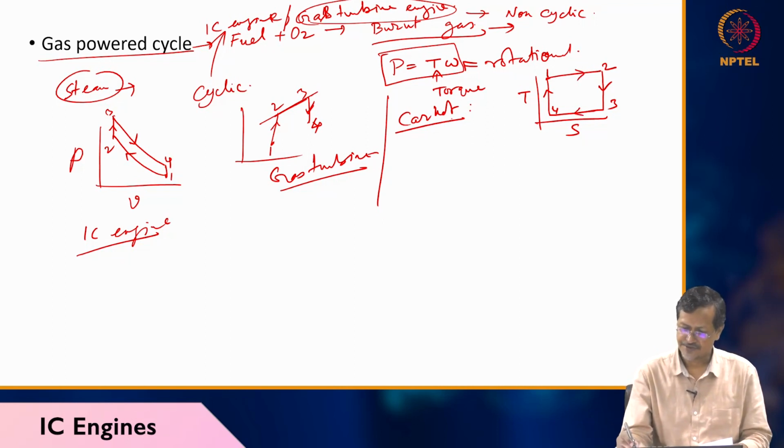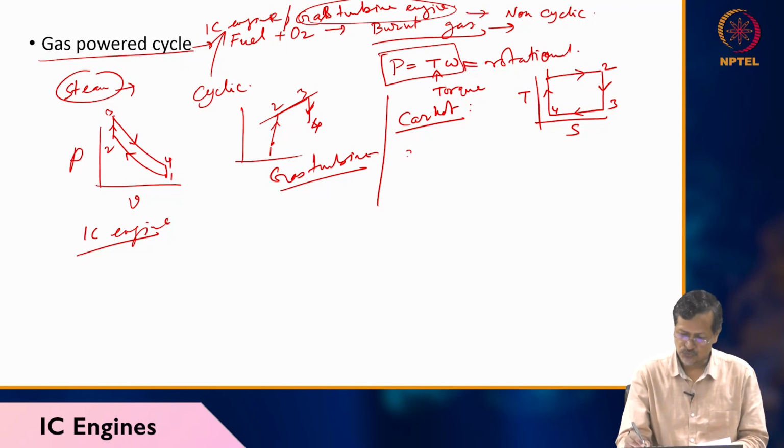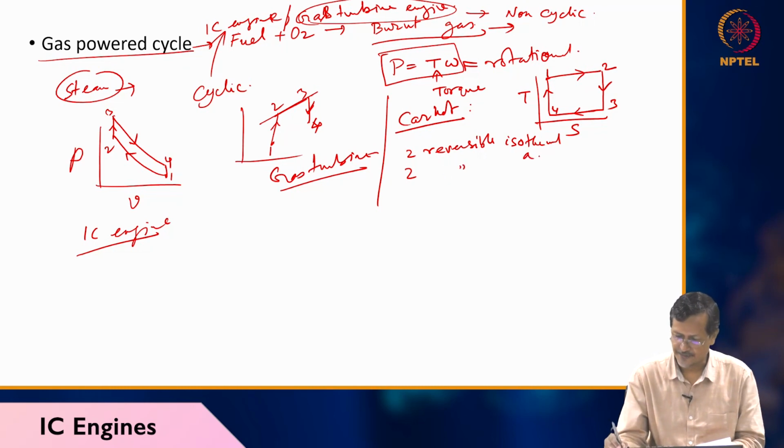In Carnot cycle we will have 2 reversible isothermal processes and 2 reversible adiabatic processes.